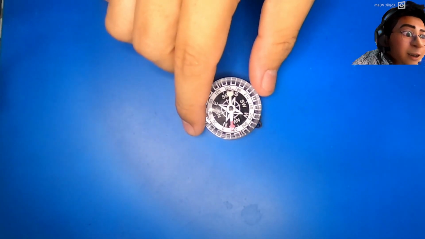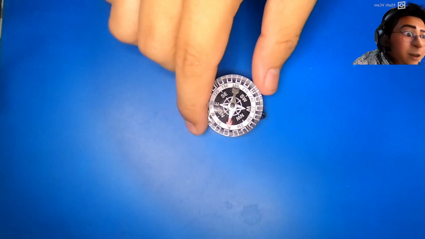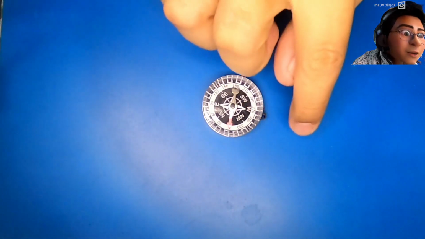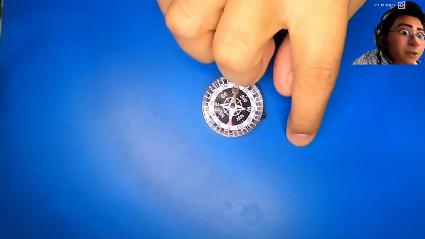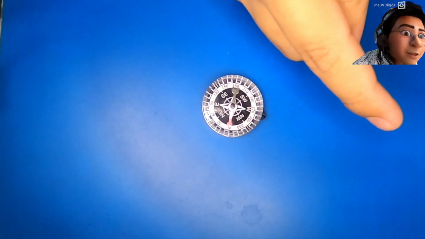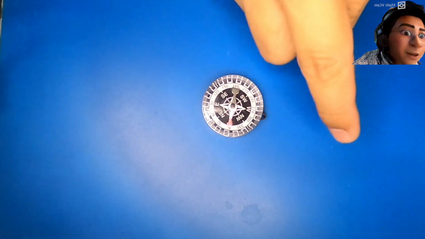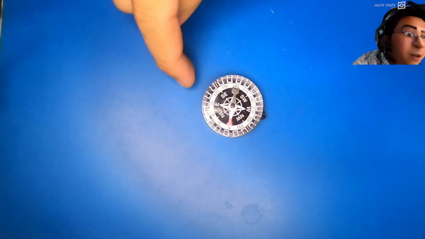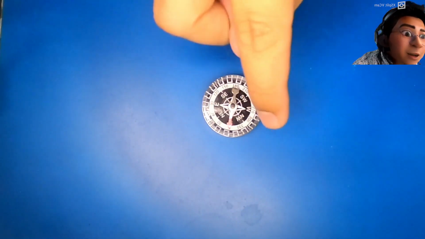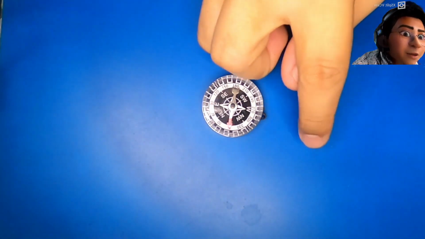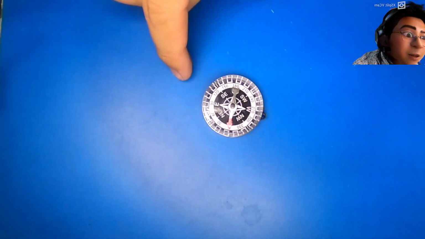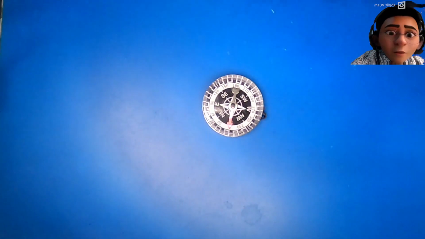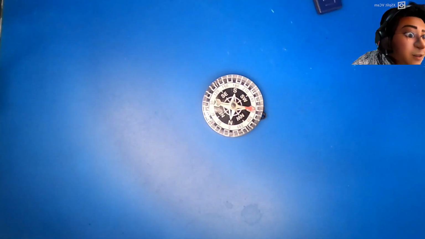And like I said, the sun will always fall on that side of the compass. The sun will rise on this side, and at nighttime here. The sun will rise and goes back here. Now let's take a look.